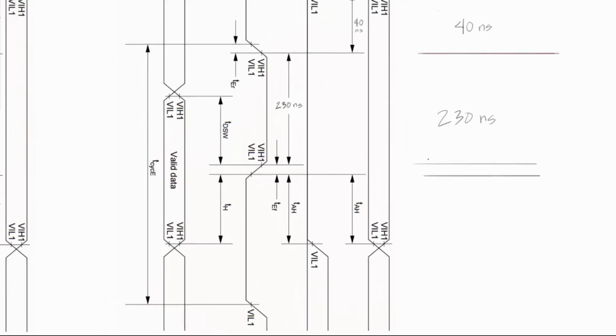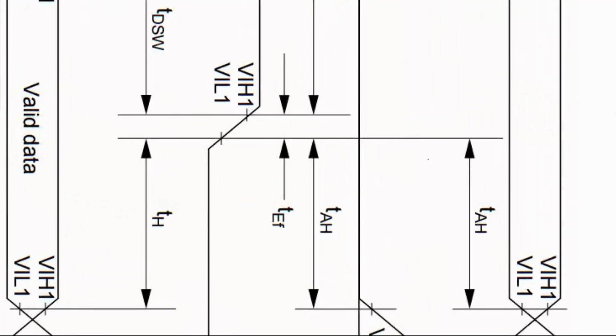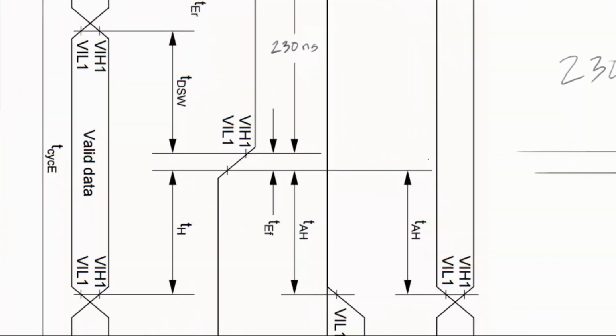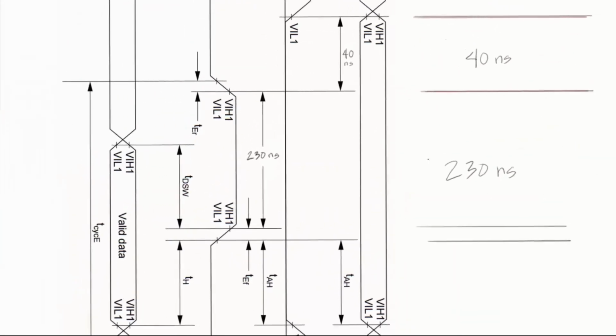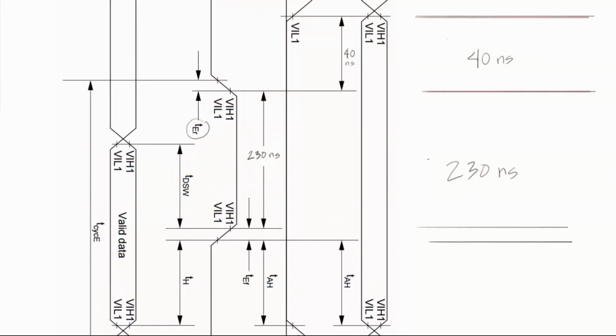Now we know how long the enable has to be on. Actually, no, there is a number here. It's TEF, that's actually a maximum. The TER and the TEF have to be a maximum of 20 nanoseconds. So we can't have it going from low to high more than 20 nanoseconds. But we really don't have any control of that, so I'm not going to worry about that.